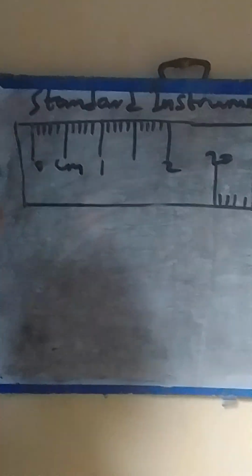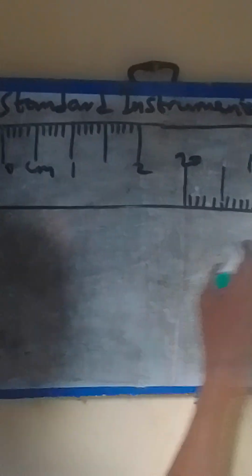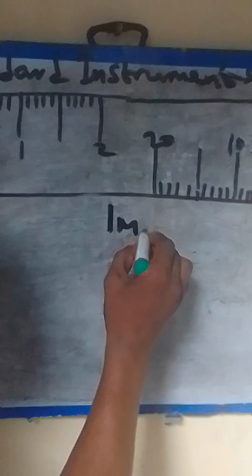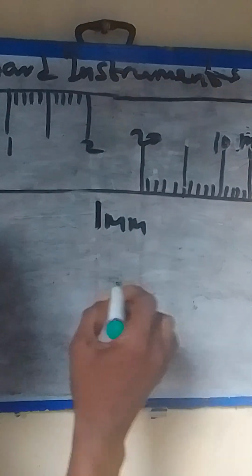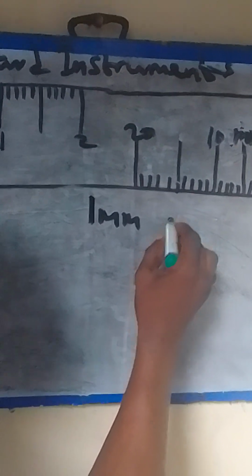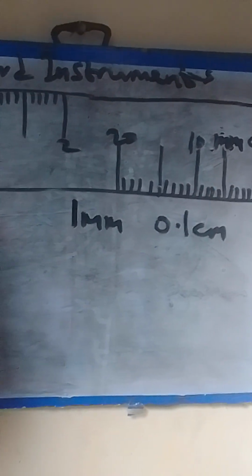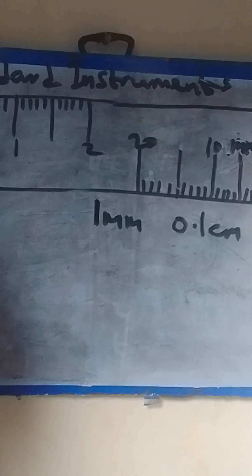So take note, in millimeters, the smallest division is 1 millimeter. In centimeters, it is 0.1 centimeters.